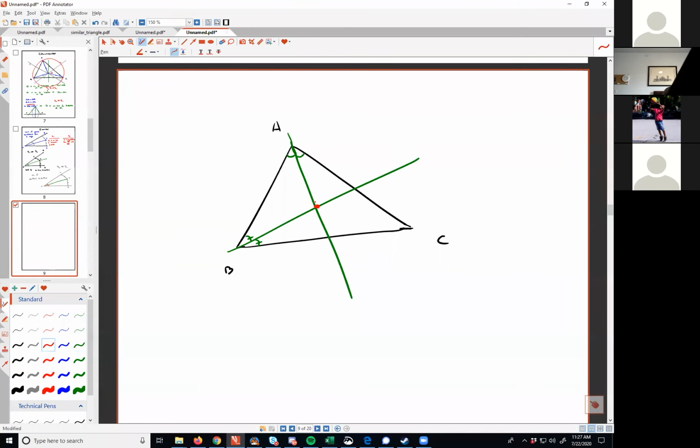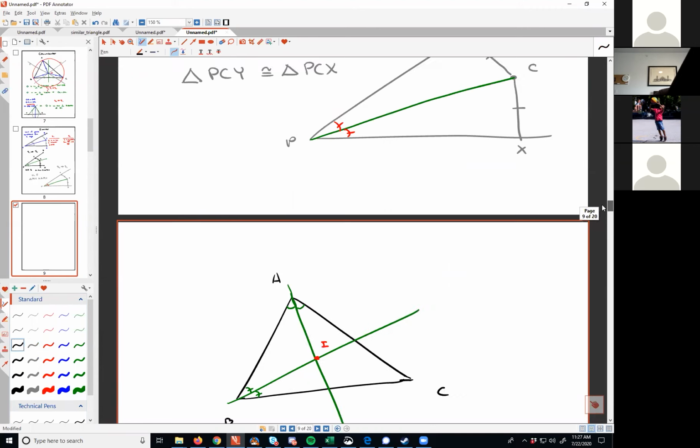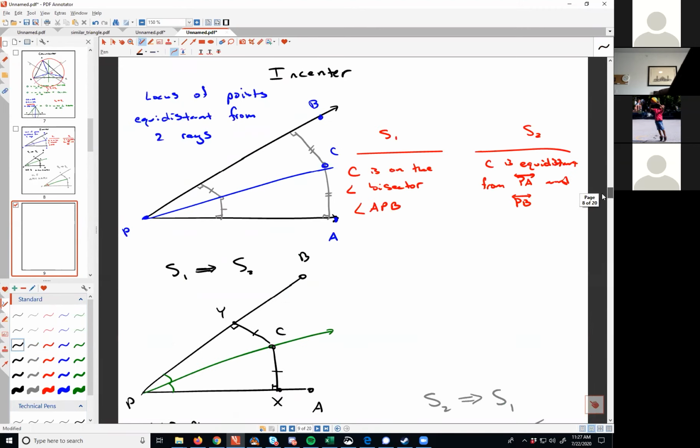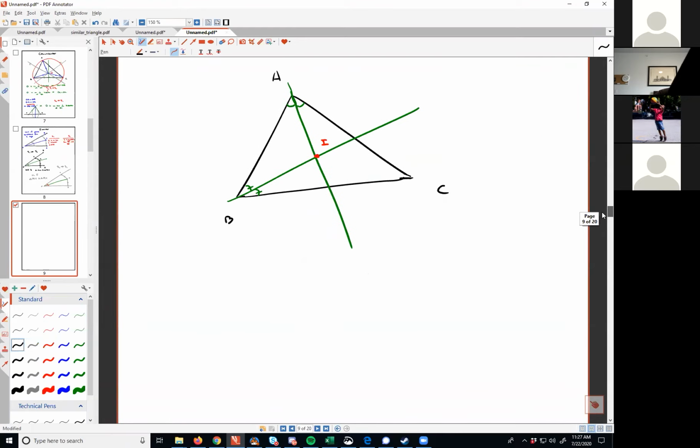And we will say they meet at a point, we'll call it I. And we ask, what do we know about this point I? Well, it's on the angle bisector at A. And statement 1 implies statement 2.